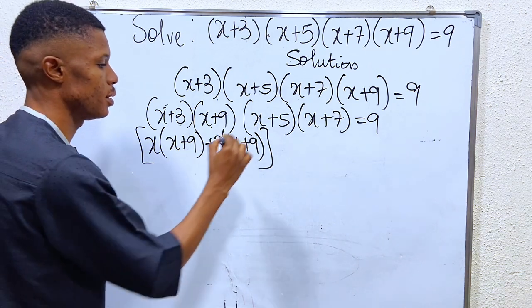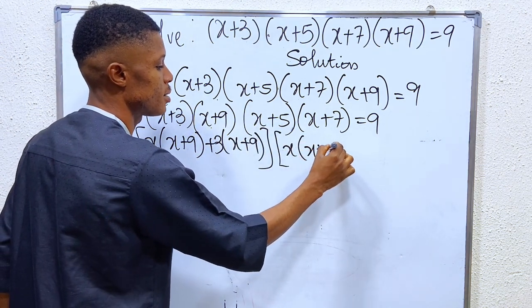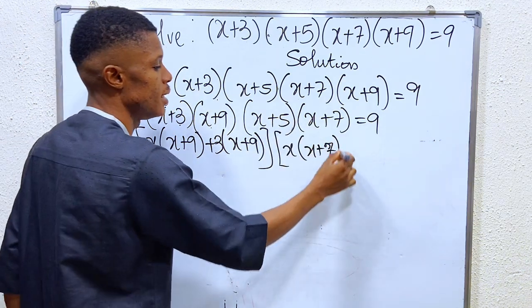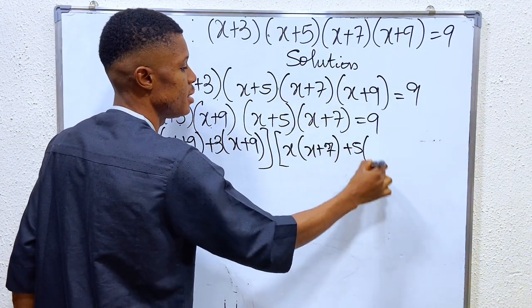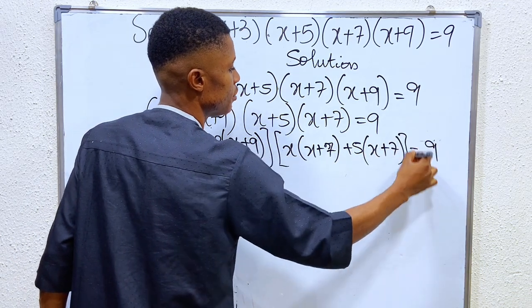Then we go to the next one: x(x + 7), plus 5(x + 7), equal to 9.